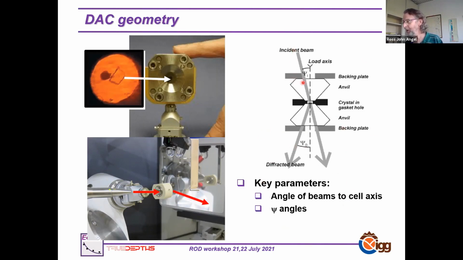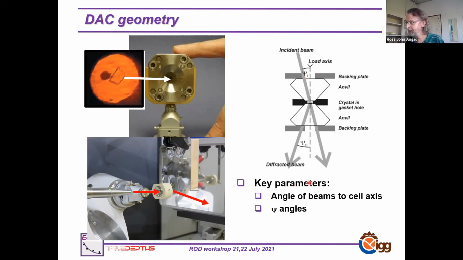So the beams pass through the cell. This is another example here of a different design, a design built in-house by ETH in Zurich, but basically the same. The other common feature to all of these cells is from the point of view of X-rays, these cells are symmetrical in rotation around the load axis.